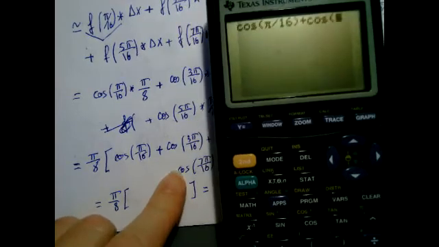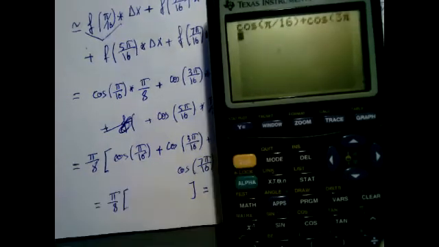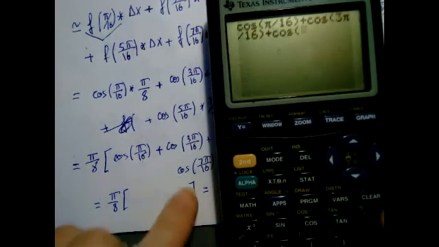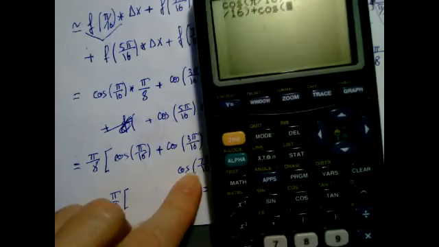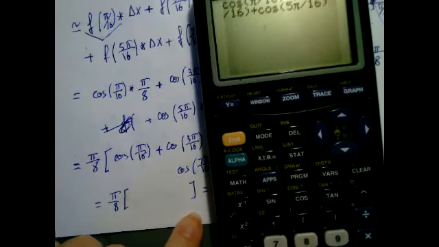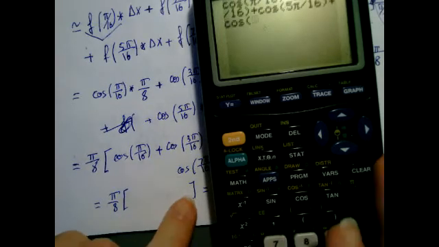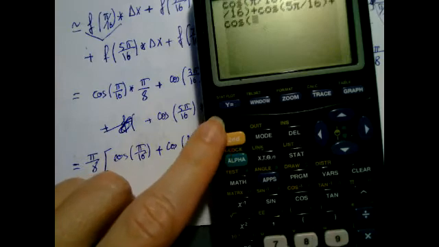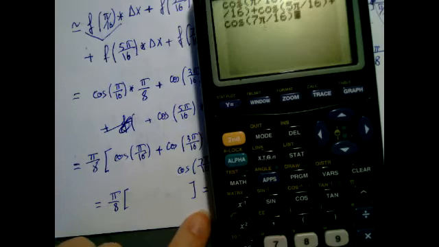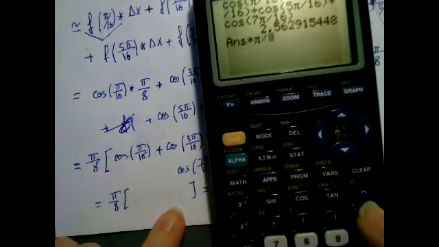Plus cosine 3 pi over 16, plus cosine 5 pi over 16, plus cosine 7 pi over 16. So that's going to give me 7 pi over 16. Okay. And I have to multiply this by pi over 8.